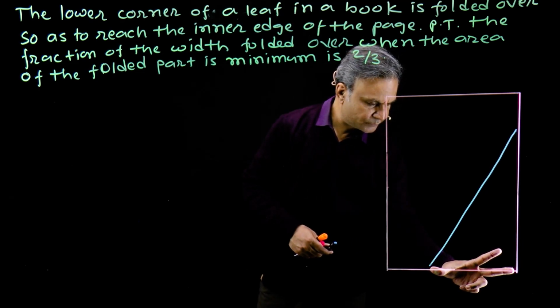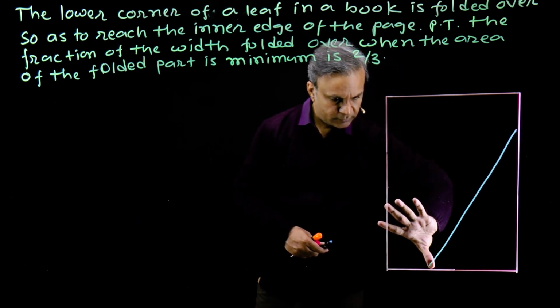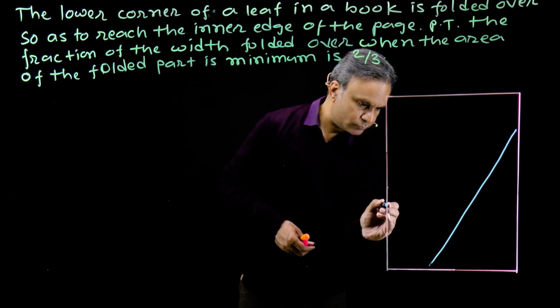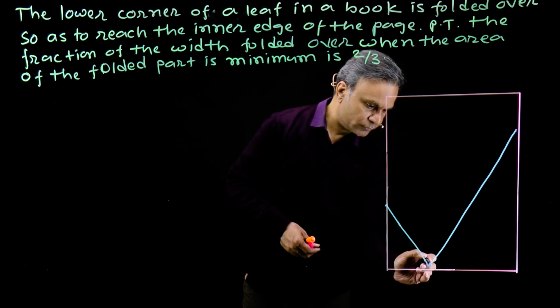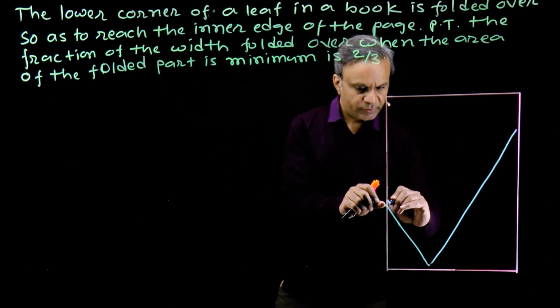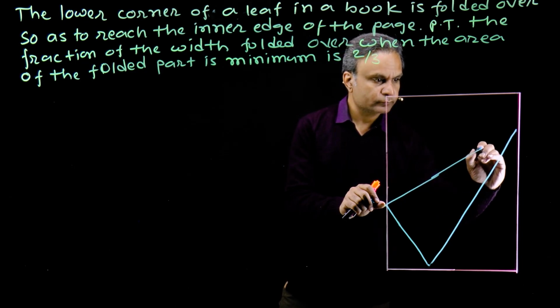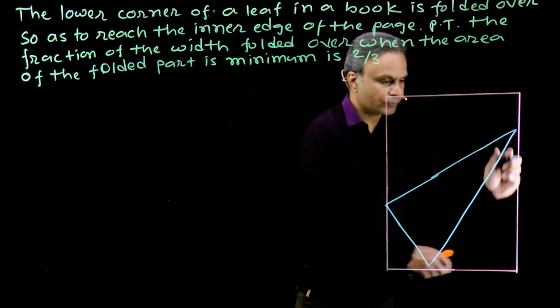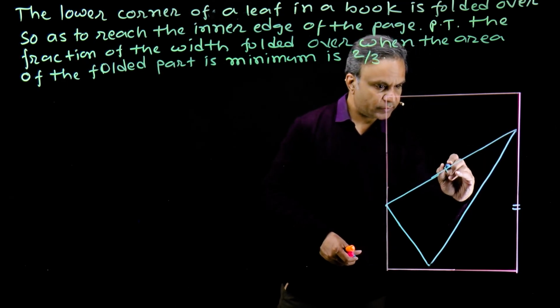How much is this? Okay, almost here. Okay, so this is the folded width. Okay, let's join these 2 points. This is this length. Okay, these two lengths are equal.